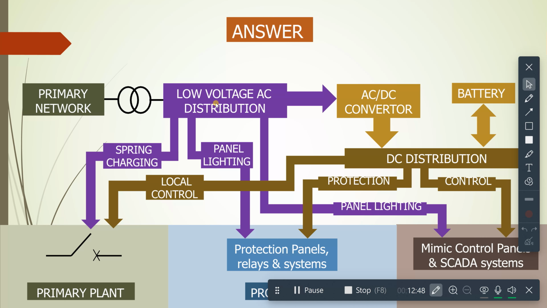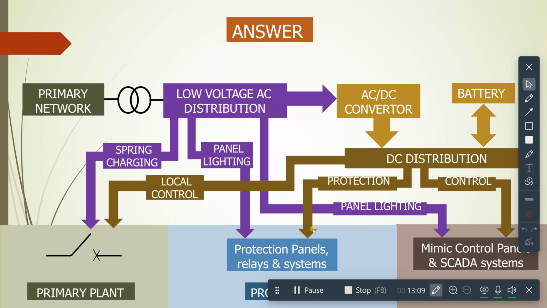Finally, we have the direct current or DC battery charger system. All substations need a backup. That's why we use a battery energy system, in case the primary main system fails, then we can use this battery setup.